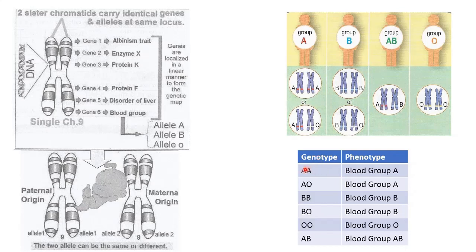If the genotype of the individual is AA, he is going to be of blood group A. If his genotype is AO, his blood group is going to be A. But if he has genotype BB or BO, his blood group is going to be B. When he has genotype OO, when he gets one allele O from his father and one allele O from his mother, he's going to be of blood group O. And he's going to have blood group AB if he has genotype AB.